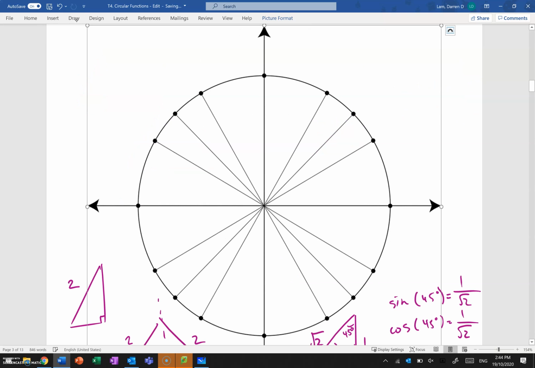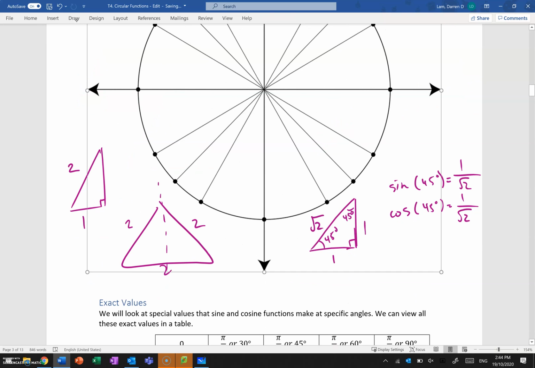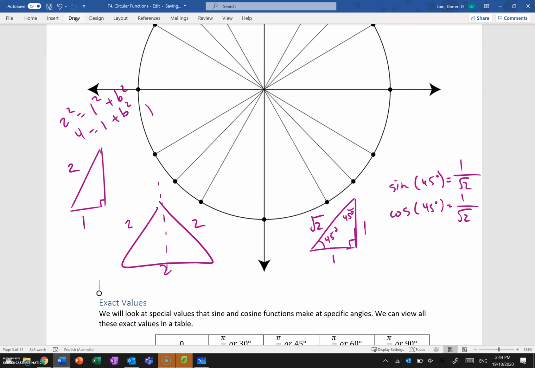What about this side length here? So we're going Pythag, right? 2 squared equals 1 squared plus, let's call it b squared. So 4 equals 1 plus b squared. B equals, skipping a couple of steps, root 3, thank you very much. So this is root 3.